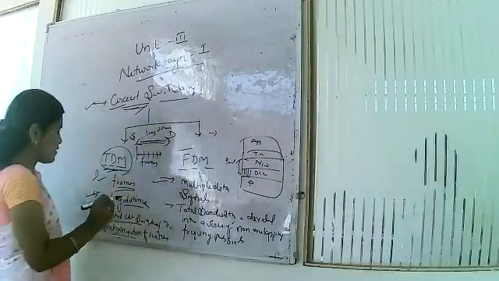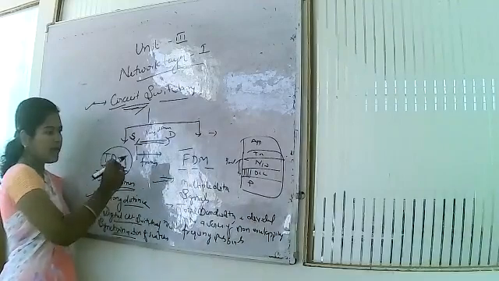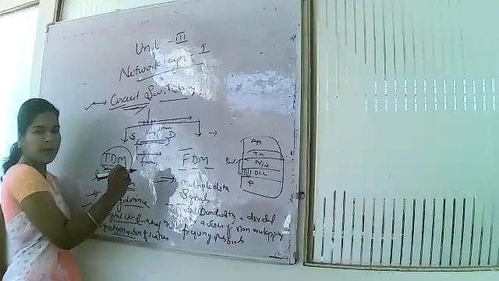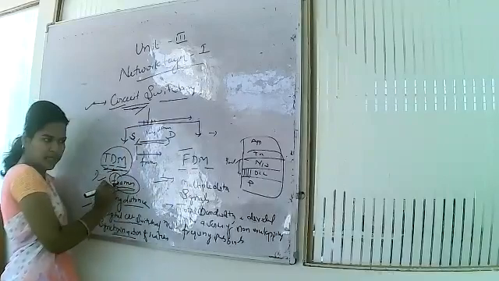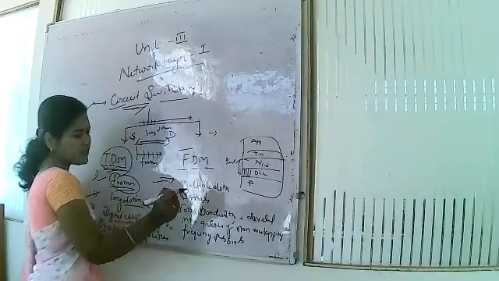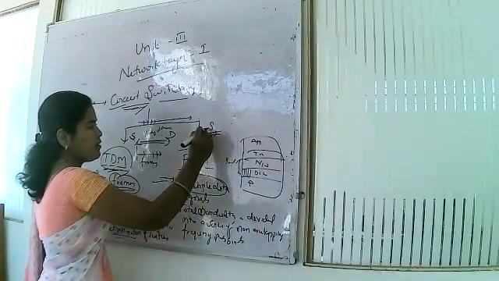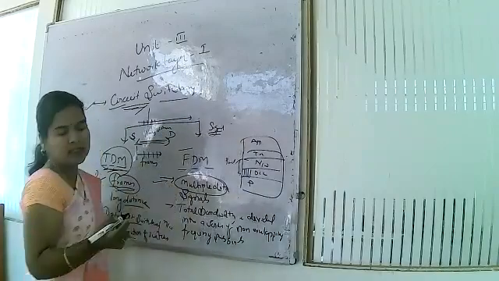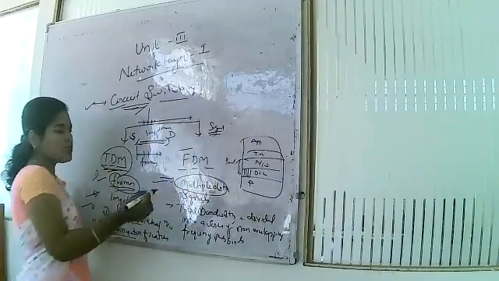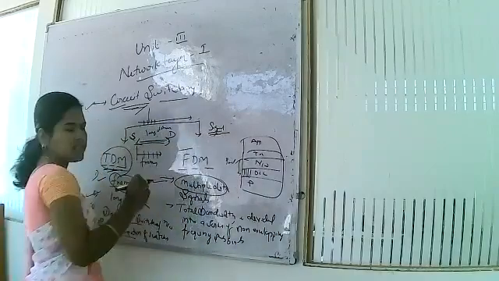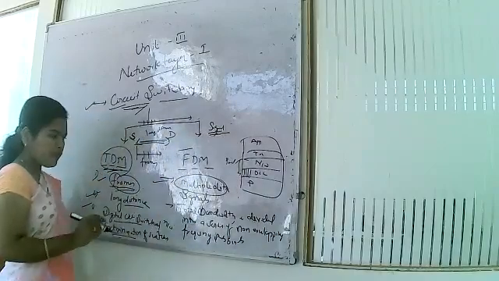In time division, we send data one by one in terms of frames. But in frequency division, many signals, multiple data, we are sending. Data is sent in terms of signals only, so multiple data is sent from source to destination at a time.